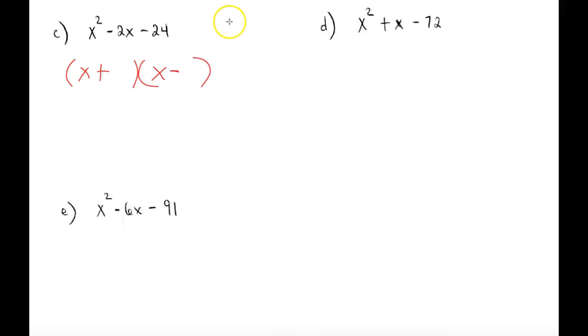Okay. So if we start running through the factors of 24, we'll notice that 2 times 12 is 24, but we want this to be a negative 24. So if we made the 12 negative and the 2 positive, then that should work, because we know that positive 2 times negative 12 is a negative 24, and we know that 2 minus 12 is a, oh, sorry, that would be the other way.